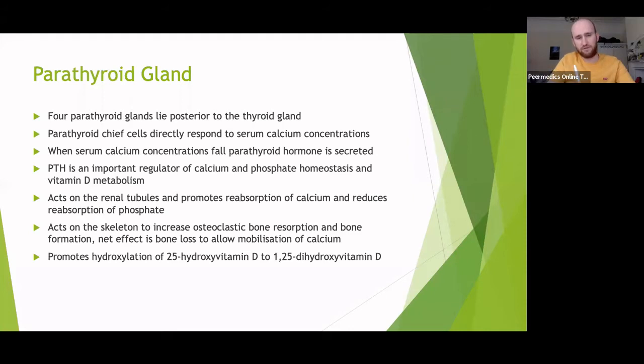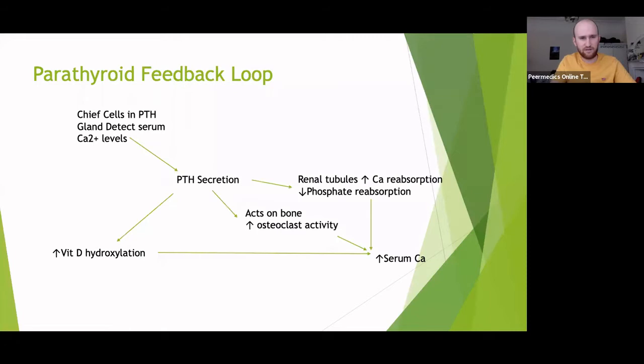It acts primarily on the renal tubules and promotes reabsorption of calcium, and also acts on the skeleton to increase osteoclastic bone resorption, to mobilize calcium to increase serum calcium levels. What you'll find is that PTH, vitamin D, calcium, and phosphate are all very much interlinked, and you'll see that here.